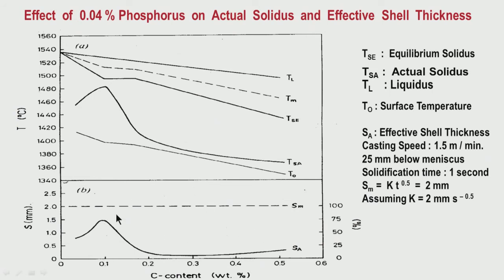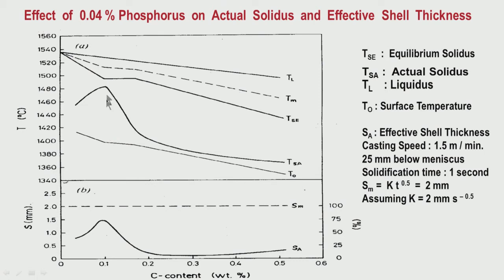At 0.1% carbon, the solid shell is relatively more. Why? Because the temperature interval between the surface of the solid and the actual solidus is quite high, and the temperature interval of solidification, that means between the liquidus and the actual solidus, is relatively less. This difference is less, this difference is more.